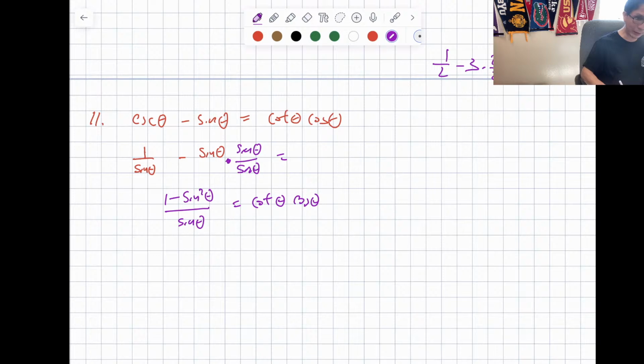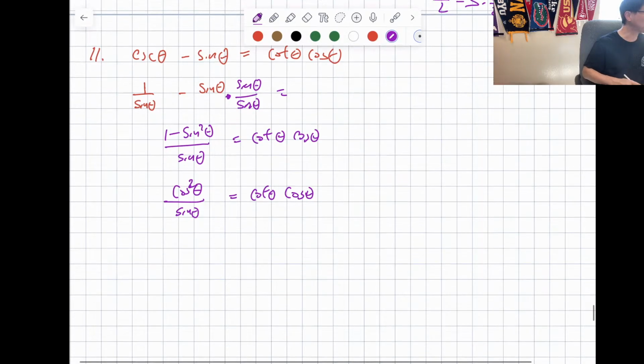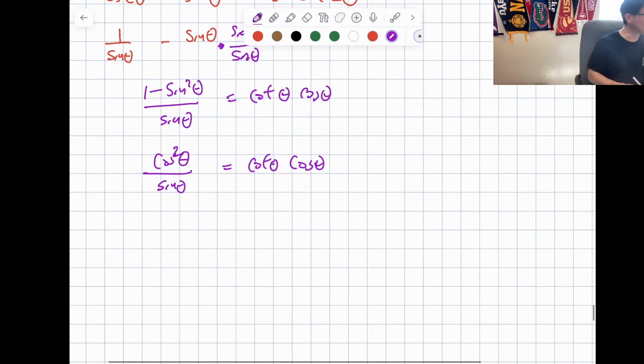One of the things that you've got to learn to see is the Pythagorean identity. So this one's going to be cosine squared of theta. Is that okay? And then I can split this. You know, if you watch Naruto, kind of like Shadow Clone, right?